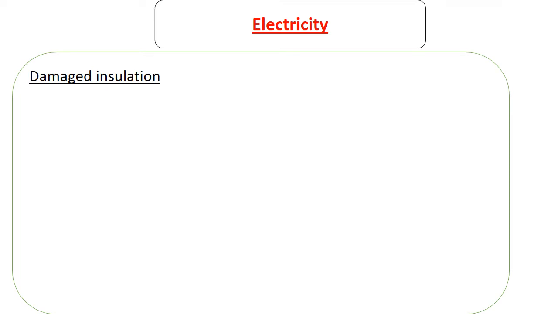But it can happen that as you keep on using the appliance, the insulation can get damaged, and when it gets damaged, the wire becomes exposed. At times, you might end up touching the wire, not knowing that the insulation is damaged. So damaged insulation can bring hazard when using electricity.